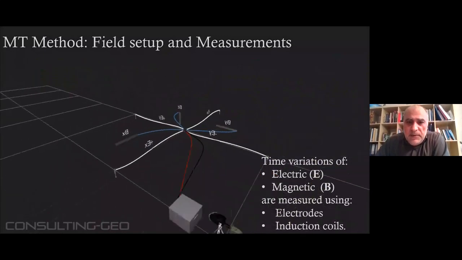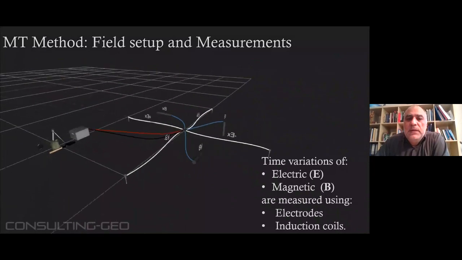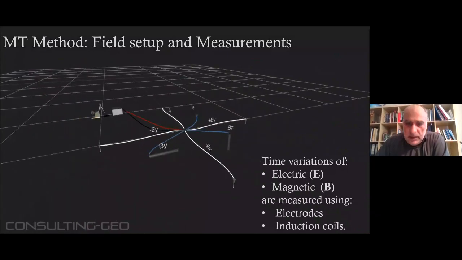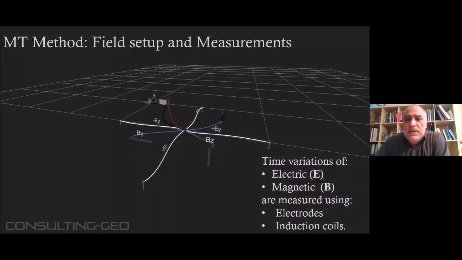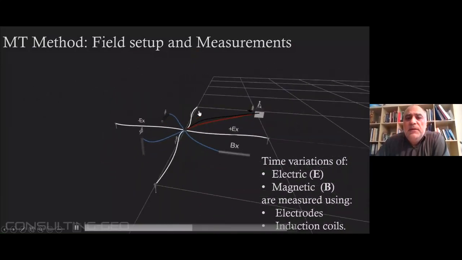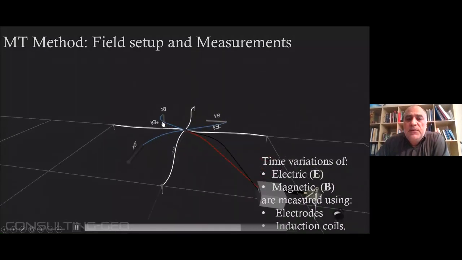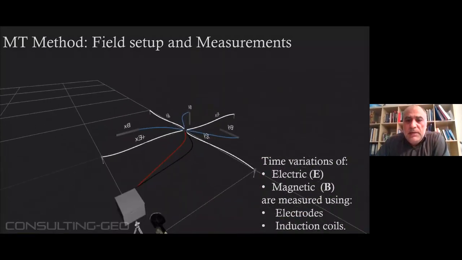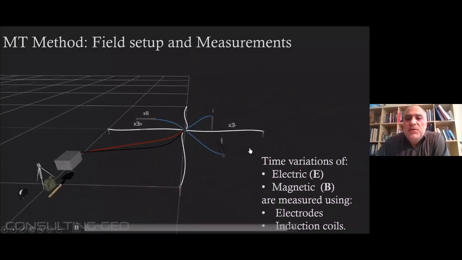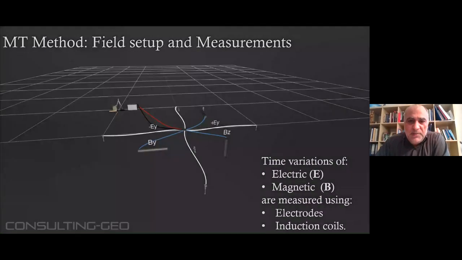For the magnetic fields, we usually use coils to measure the X, Y, and Z components. Please note that the two components of the electric field are orthogonal, and also the components of the magnetic field.